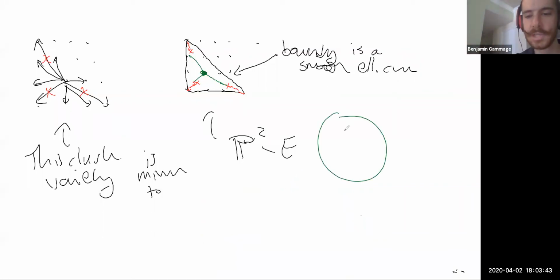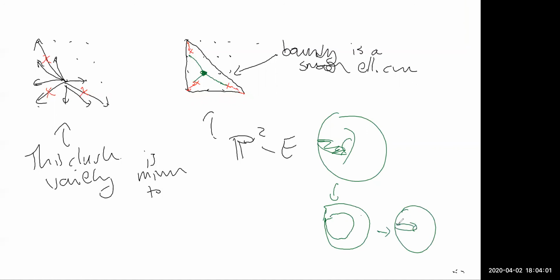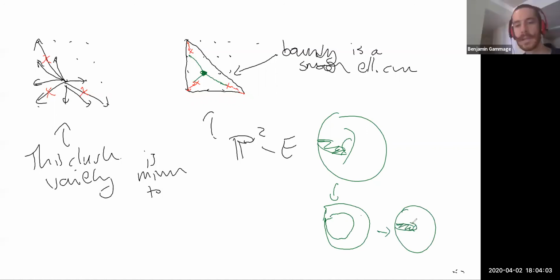If I have a Lagrangian torus and it has a disk glued in, it turns out that I can collapse this disk to a kind of node point, and then grow it back out the other way. Now I have a smooth torus on both of these, so I've got two different Lagrangian tori.